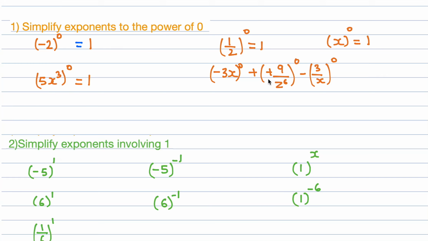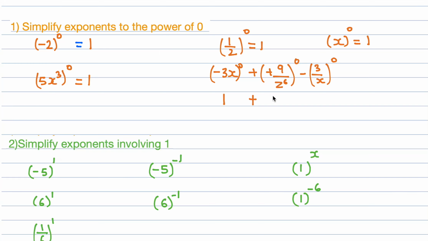Now this is a combination of terms and every term has power 0. This term has power 0, this term has power 0, this term has power 0. All the different terms have power 0. So we will apply the same rule. This negative 3x to the power 0, this is the whole power, so it will be equal to 1, then positive sign, and then 9 over z to the power 6, it's okay, whatever the power is.